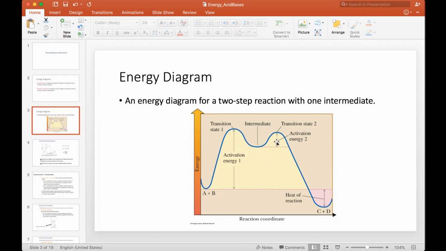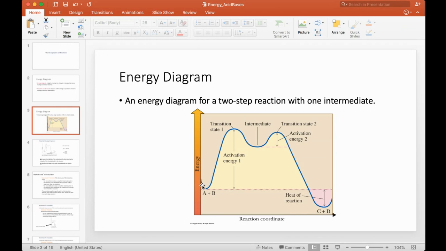A few things to comment on: this is an overall reaction in which A and B are transformed into C and D. That's the overall reaction, A and B leading to C and D. Now, in order for A and B to be transformed into C and D, there is a reaction mechanism.